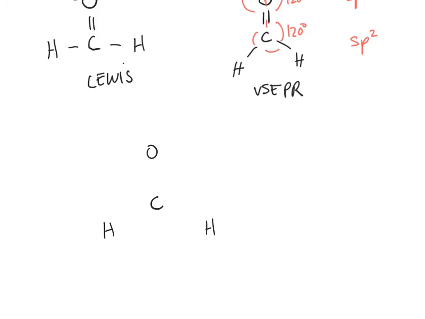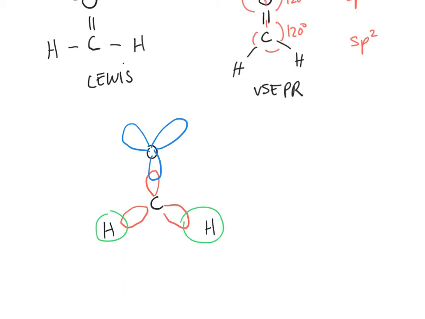Okay, so the carbon has 1, 2, 3, and by the way, I didn't mention that since there's a double bond here, it's 1 sigma and 1 pi. So keep that in mind as well. All right, then the oxygen has 1, 2, 3, and then you get the hydrogens here and here.